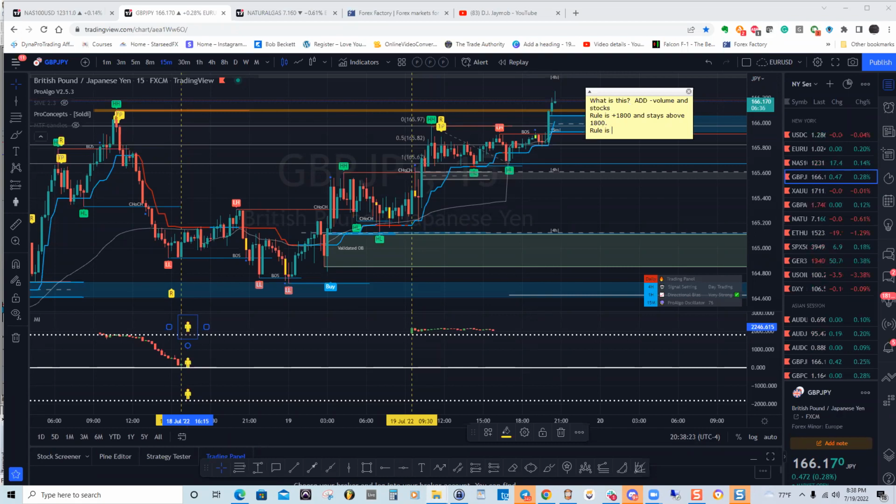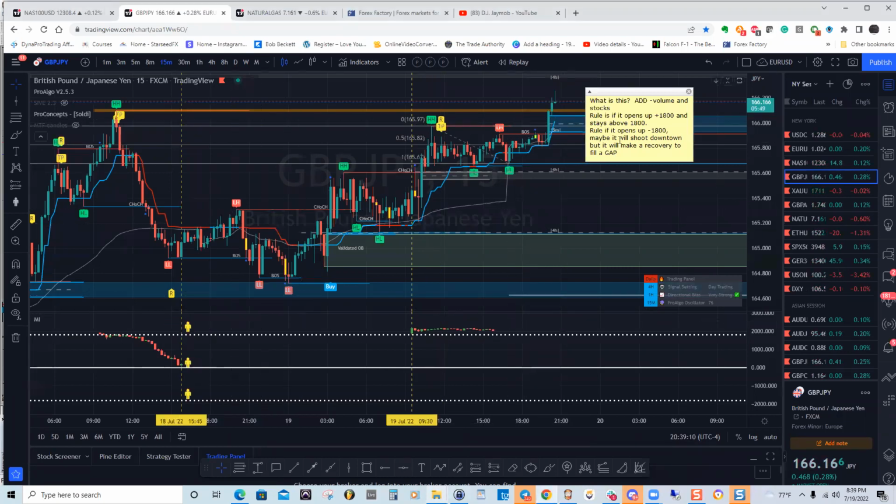Rule is, if it opens up negative 1800, it's a possibility, I'll say perhaps, or maybe it will shoot down to the basement, right? But it will make a recovery to fill a gap. So that's in the basement, okay?